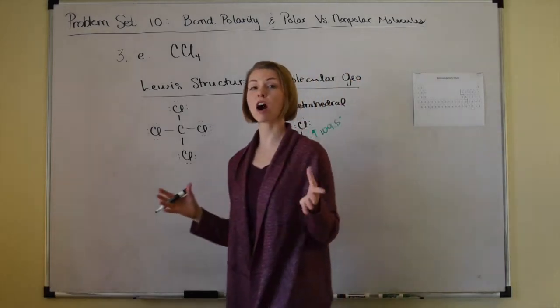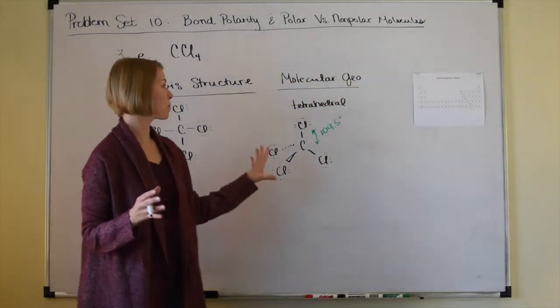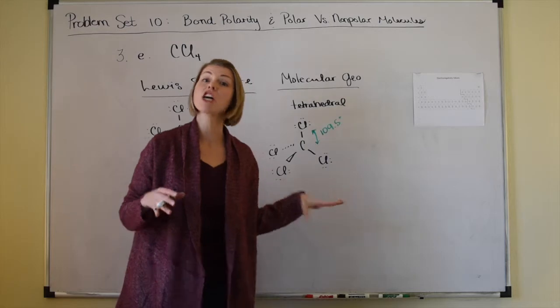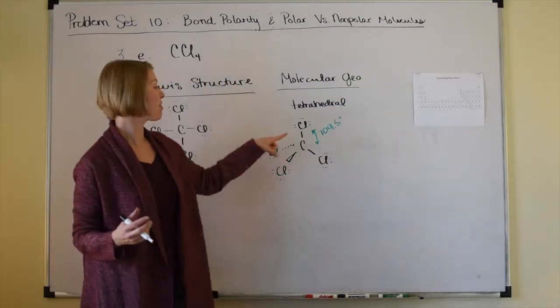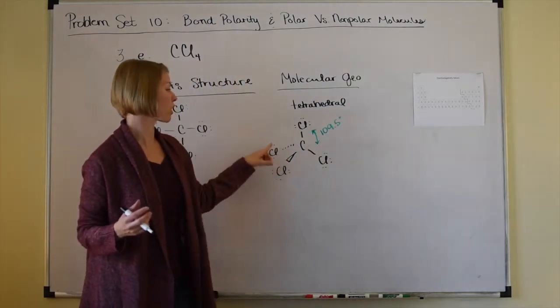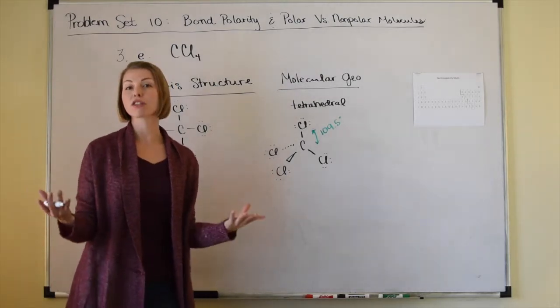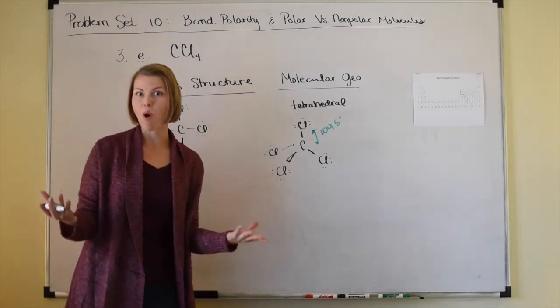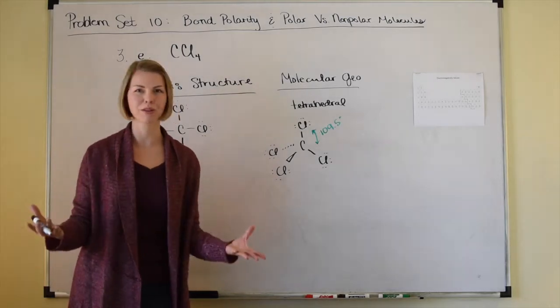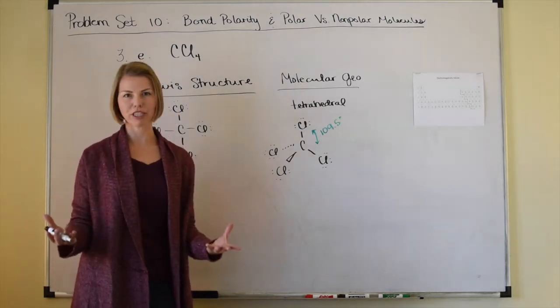All right, so you might already know just from looking at the molecular geometry, knowing that it's tetrahedral and that all of these bonds are equivalent, meaning they're going to have the same delta EN, the molecule's going to have to end up being nonpolar, right? Because they're going to be equal in magnitude and they're going to be opposing in direction.